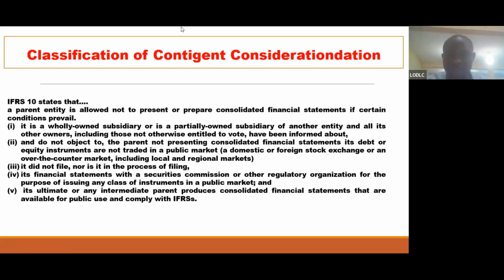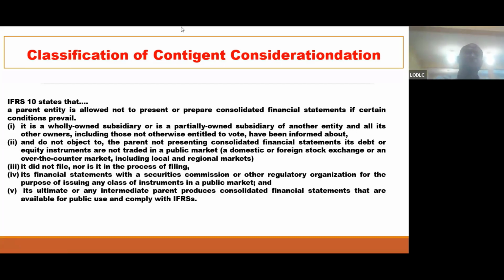If it's a wholly owned subsidiary or a partially owned subsidiary of another entity, and all its other owners, including those not otherwise entitled to vote, have been informed about and do not object to the parent not presenting consolidated financial statements, and its debt or equity instruments are not traded in the public market.